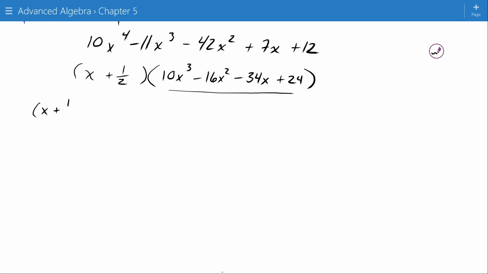There's a GCF we could take out. We could take a 2 out of everything, so let's go ahead and do that. There's nothing we can take out more than that, so let's go with a 2. We're left with 5x cubed minus 8x squared minus 17x plus 12.